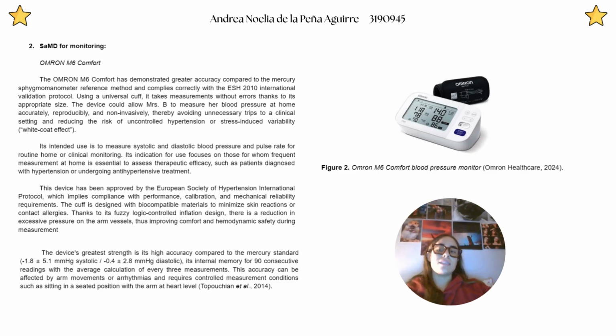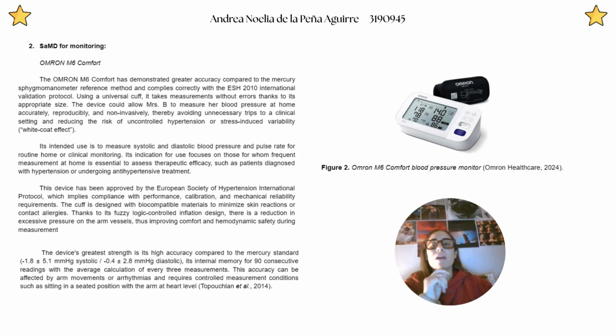The second device selected is the Omron M6 Comfort, a software as a medical device for non-invasive monitoring of blood pressure at home. It helps control hypertension accurately and reproducibly, reducing the white coat effect and unnecessary clinical visits. The device was validated according to the European Society of Hypertension International Protocol.